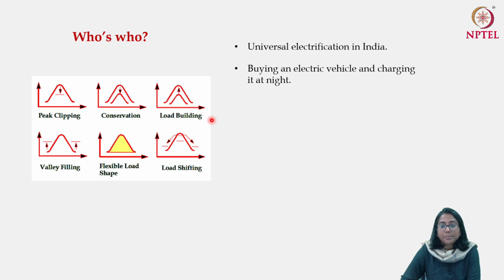The second one is buying an electric vehicle and charging it at night. So electric vehicles run on battery and you have to charge these batteries. You have to have a charging infrastructure in place, and it's up to you when you want to charge the battery. Now see the option that I'm giving you: you're going to buy a new electric vehicle and charge the batteries at night.